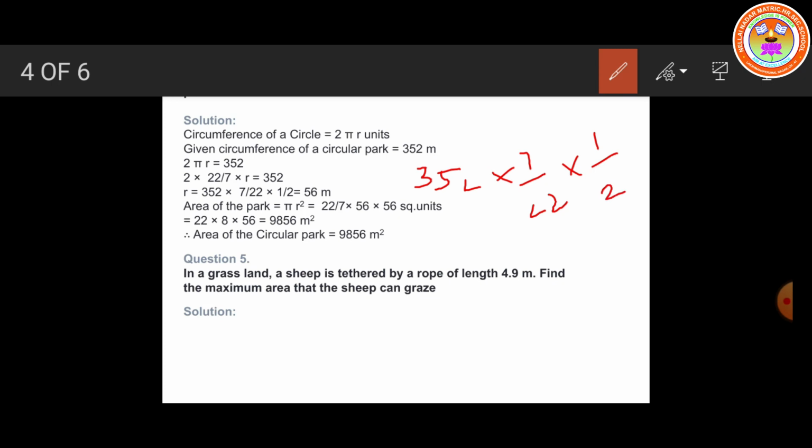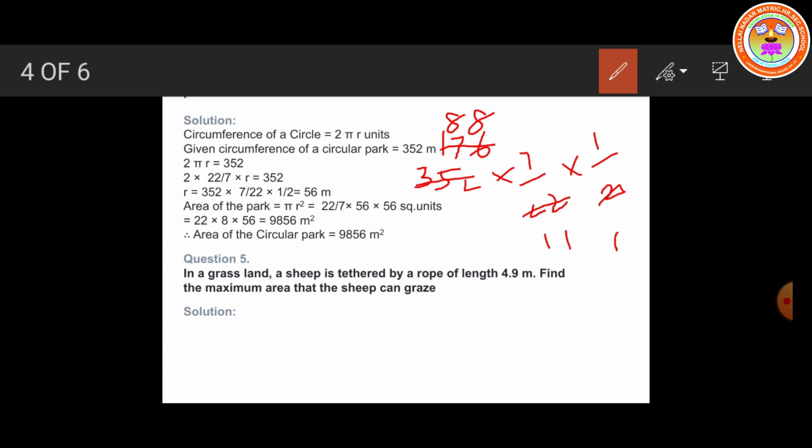Can you understand? So 2 ones are 2. Here 2 ones are 2. Balance 1. 2 sevens are 14. Balance 1. 2 6s are 12. Next we are going to cut it. 2 ones are 2, 2 ones are 2. Again the second table. 2 8s are 16.